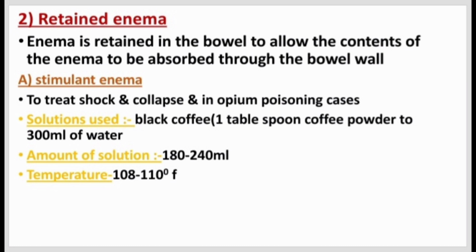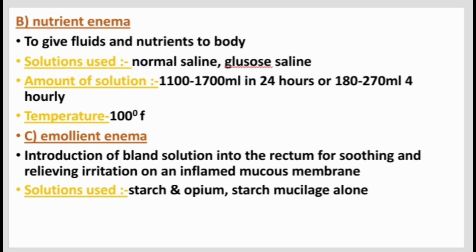It is to treat shock and collapse and in opium poisoning cases. The solution used is black coffee, 1 tablespoon coffee powder to 300 ml of water. Amount of solution is 180 to 240 ml. The temperature of the solution is 108 to 110 degree Fahrenheit. Next is nutrient enema.